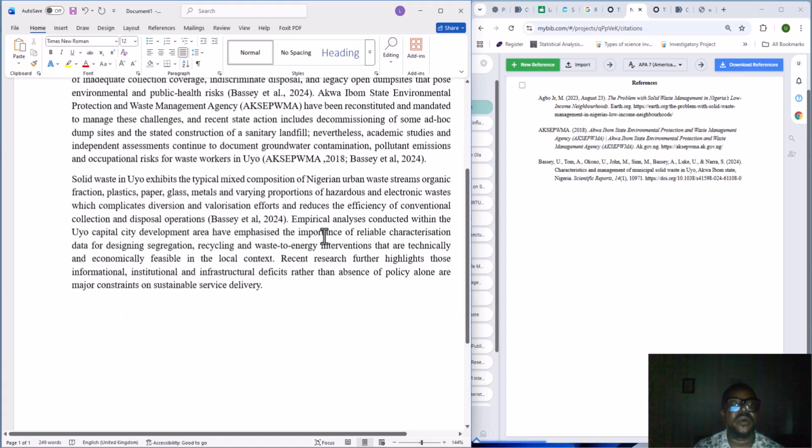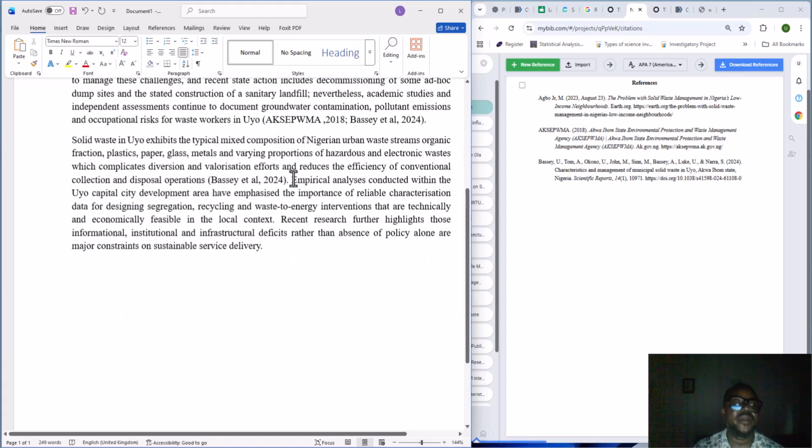Okay, this part of the work also brings me to a very serious concern. It says, empirical analysis conducted within the Uyo capital city development area have emphasized the importance of reliable characterization data for designing segregation, recycling, and waste to energy interventions that are technically and economically viable in the local context.